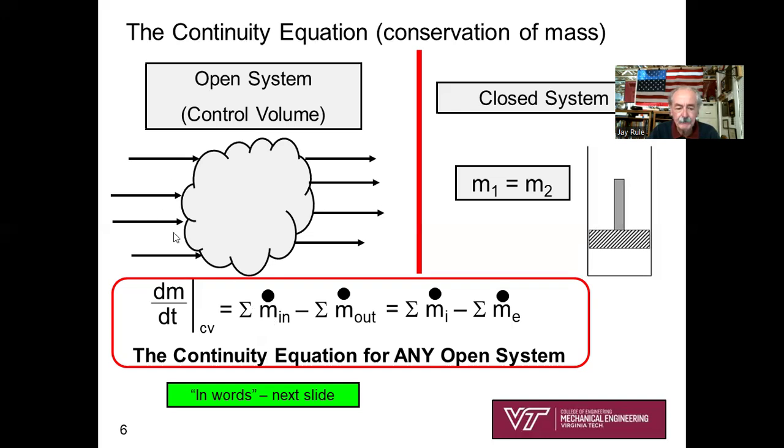If you sum up all the flows going in and subtract out all the flows going out, that's a statement of the continuity equation. So if you want to take a screenshot of this, you've got the textbook definition of the continuity equation for any open system.